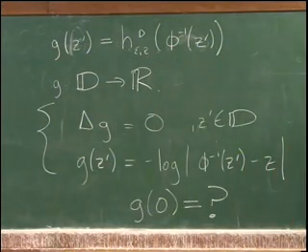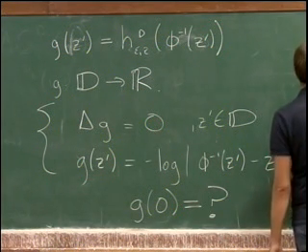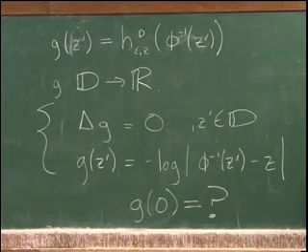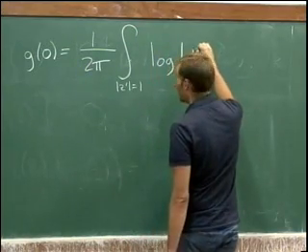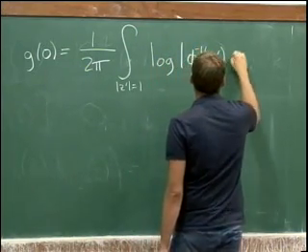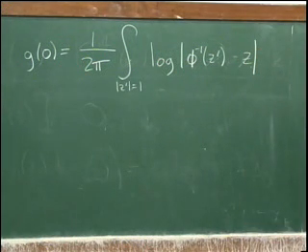Now we just have a harmonic function, and we want the value at the center. So we just integrate the boundary values. So g of 0 is 1 over 2 pi, the integral over z prime equals 1 of the boundary values, which are log of phi inverse z prime minus z. Okay.